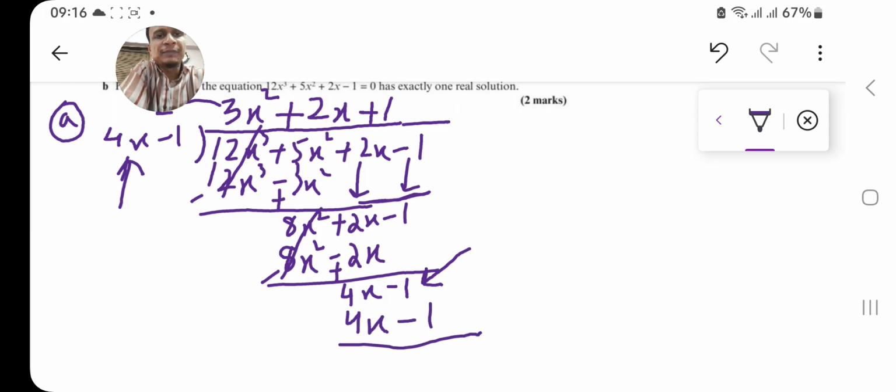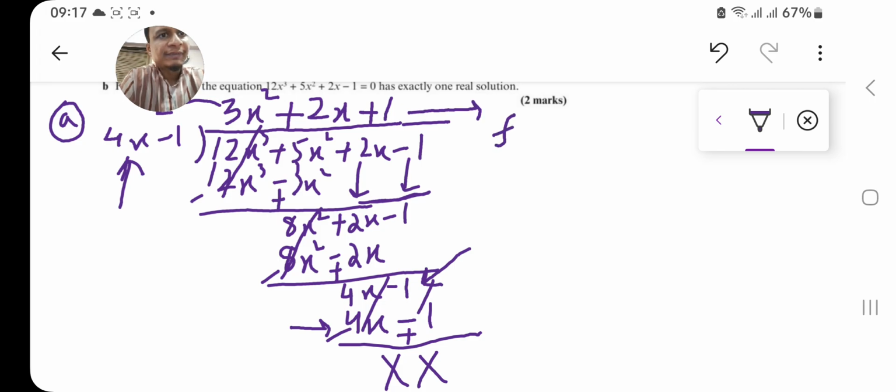After subtraction, plus becomes minus and minus becomes plus. It means the overall cancellation, no remainder left. When no remainder is left, this is the factor. We have shown as asked in part A.